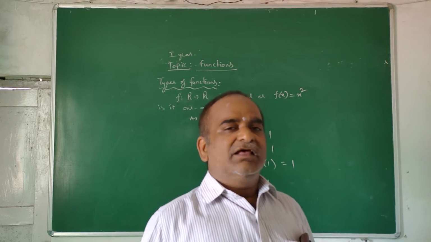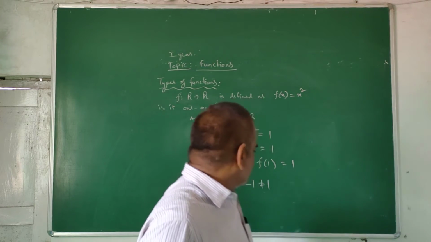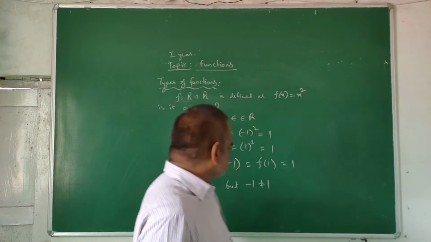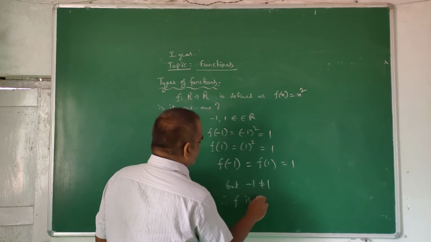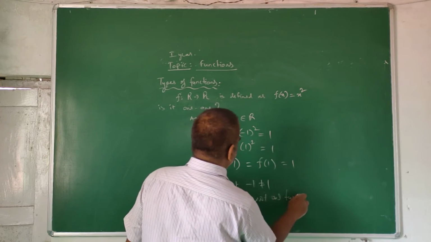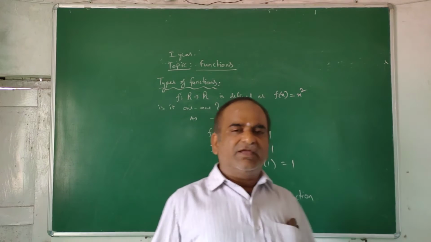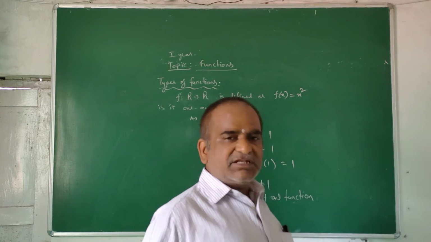So it is a contradiction to the one-one function definition. Did you understand? Therefore f is not a one-one function. Like this you can say no by taking an example. So one-one function is finished.